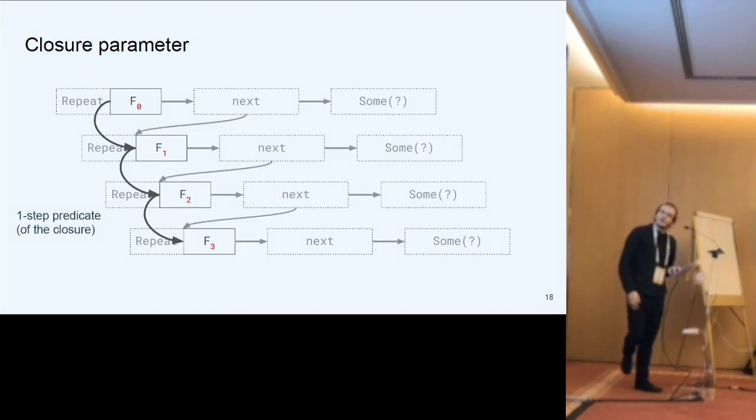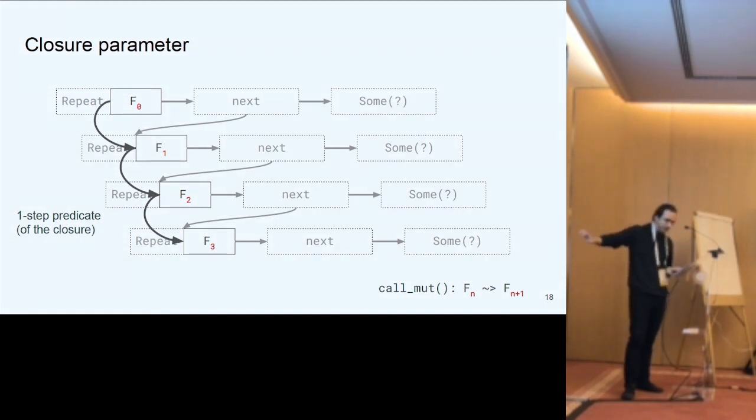Now the question is how to specify the repeat iterator. Here we will turn to some of our previous work in closure verification. There is also a similar concept of a one-step predicate for a closure. We express this in specifications with a call description.